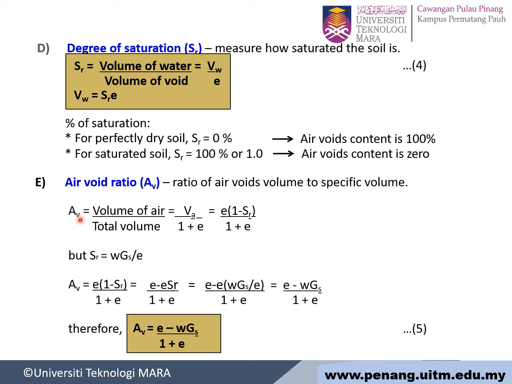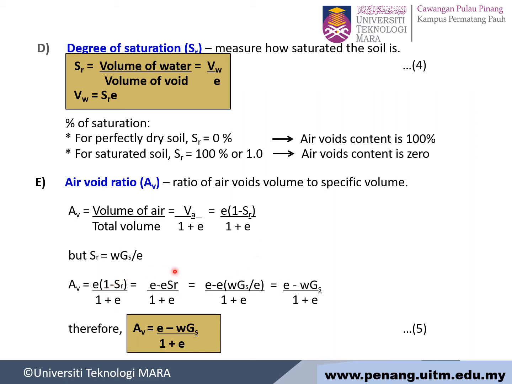When we're talking about the air void ratio, AV is equal to volume of air over total volume. Volume air is equal to E times 1 minus SR. Total volume is 1 plus E. So this is the equation for air void ratio. Okay, however, we also have another equation for air void ratio.